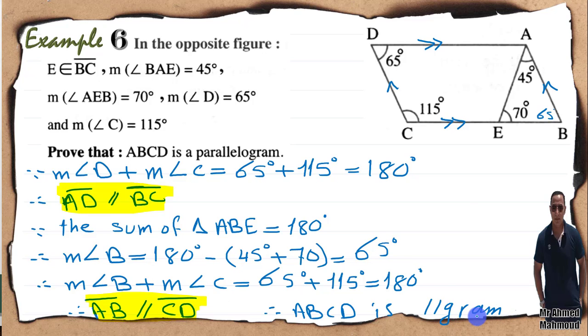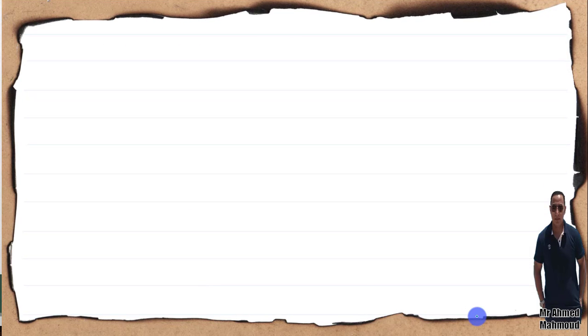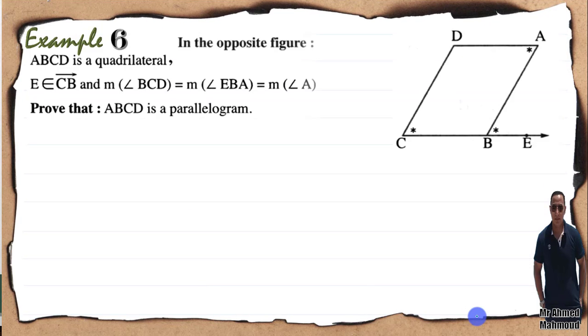Now example 6. Oh, this is example 7, not 6. It's okay. In the opposite figure, angle A and angle ABE and angle C are equal. So here I mean ABE. Prove that the shape is a parallelogram.